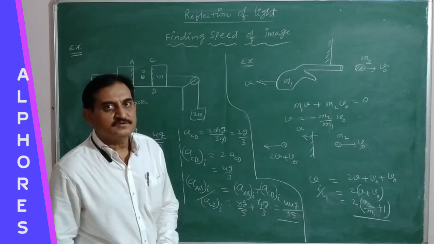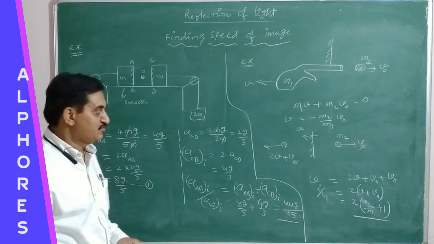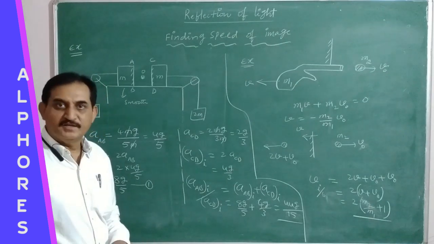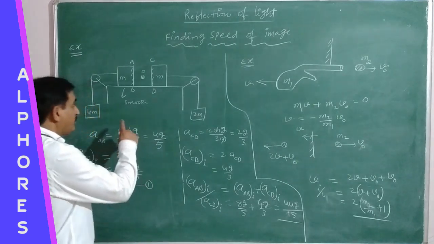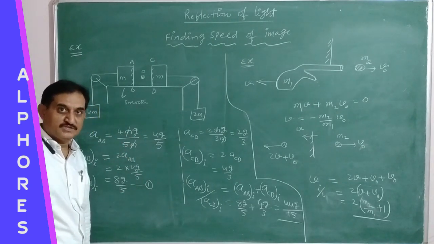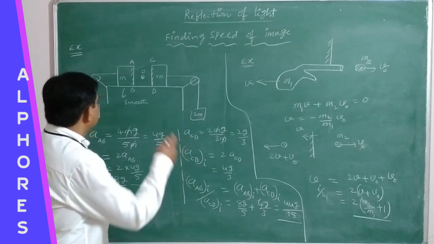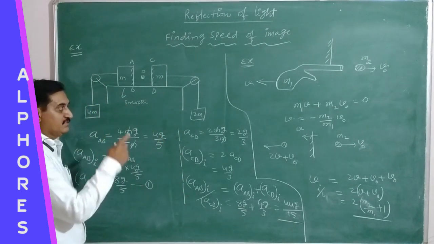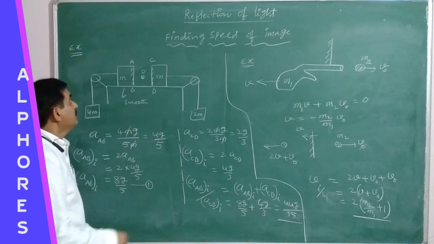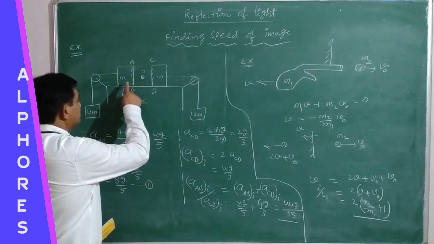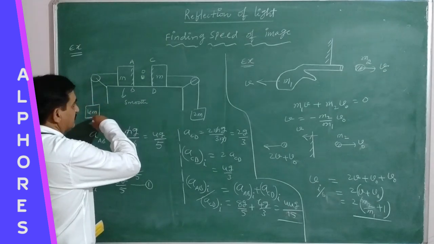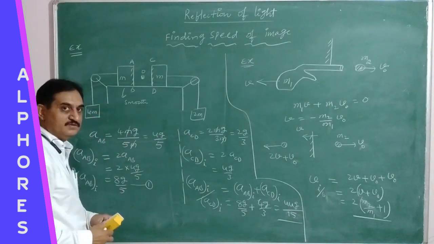Okay, let us go for two more problems related to the speed of image formed by a plane mirror. So this is a problem related to laws of motion. There is a mixed concept, that is optics and also laws of motion. Now there are two identical blocks, each of mass m. They are connected with two more blocks.